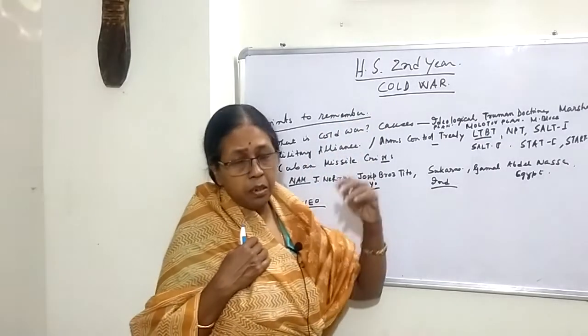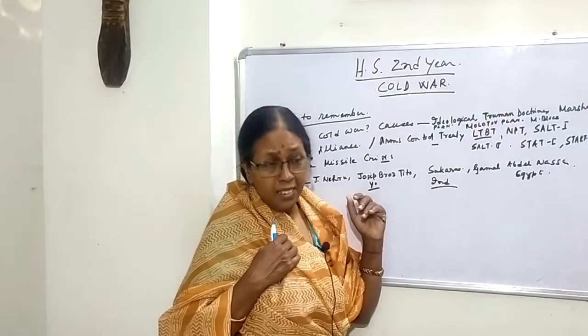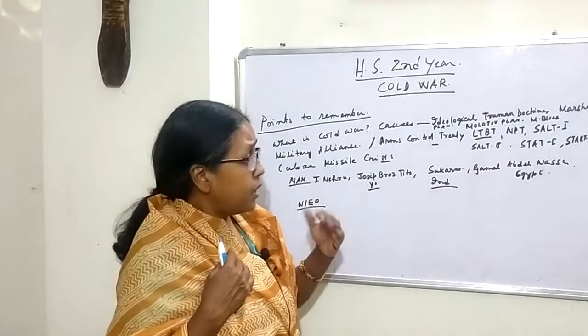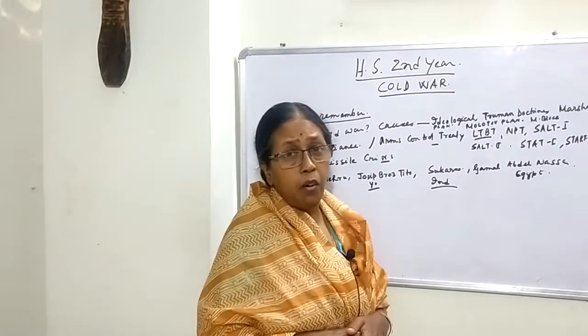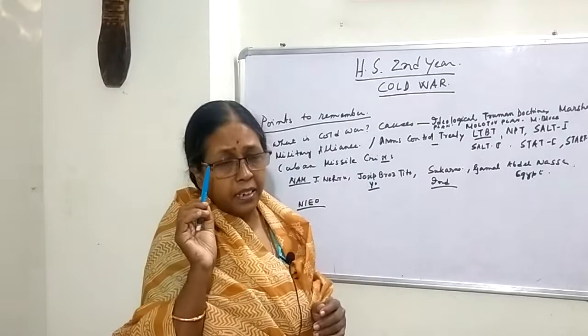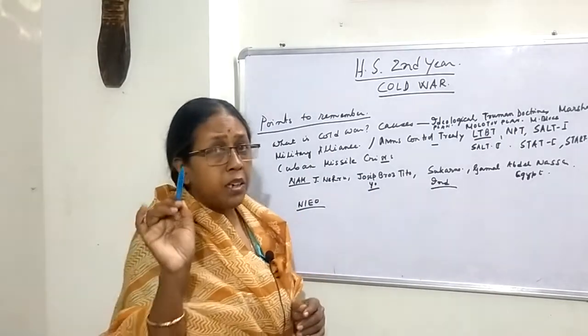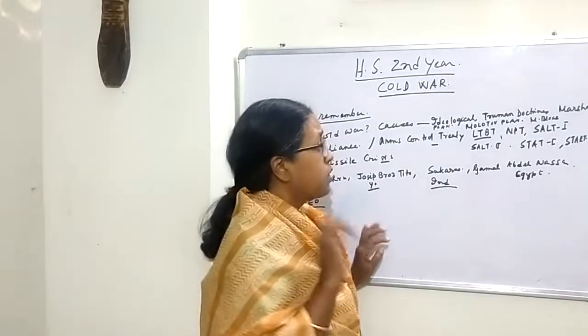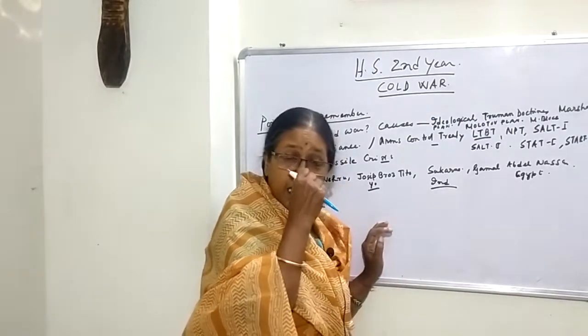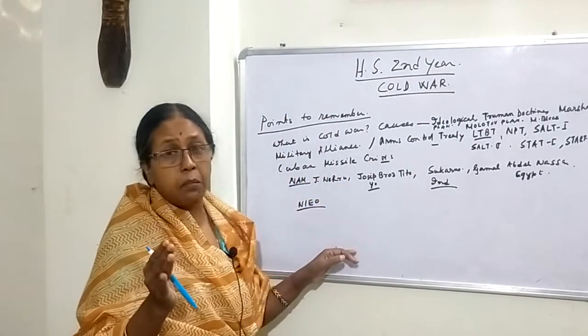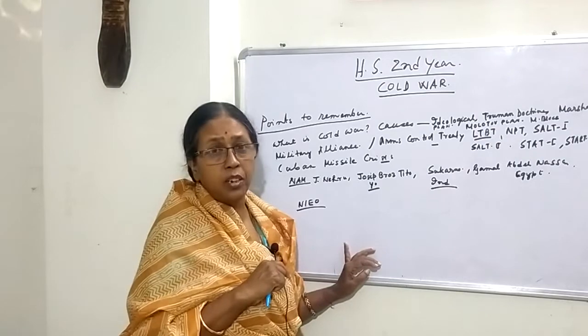That military alliance is known as SEATO. Then CENTO. SEATO, CENTO, NATO, you must read out the abbreviation of those names. So these are all military organizations first started by America and then followed by Soviet Russia.